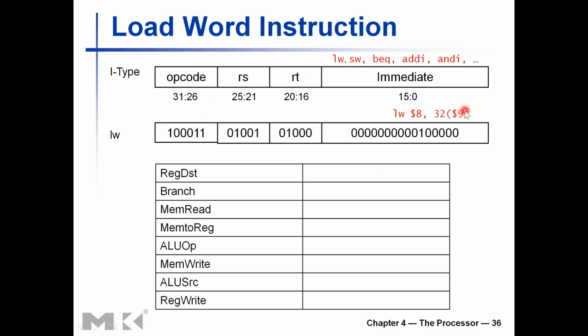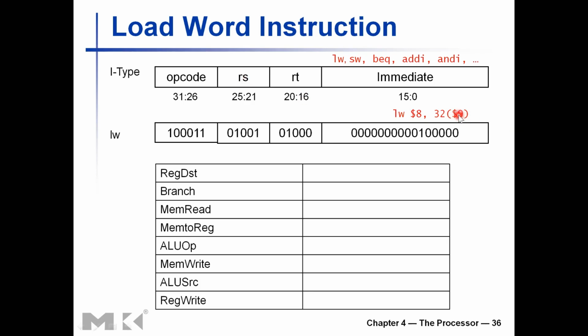So what that does is go to this address given by this expression here. $9 is the base register, base address. That is this RS here, right?